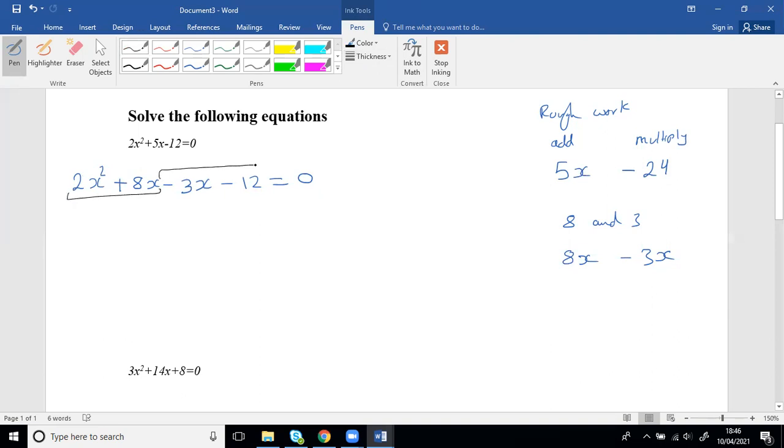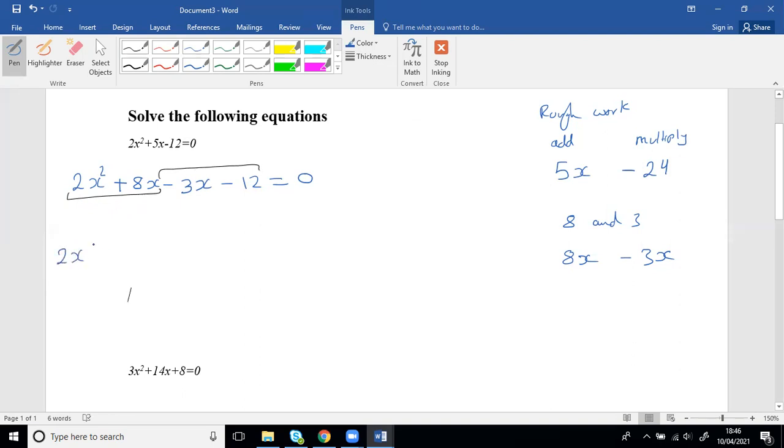Once I've done this, the next thing I've got to do is factorize these two separately. So I'm going to factorize the first two terms and factorize the second two terms separately. When I do this, I would get in here a common factor between 2x squared and 8x. So a common factor between them would be 2x.